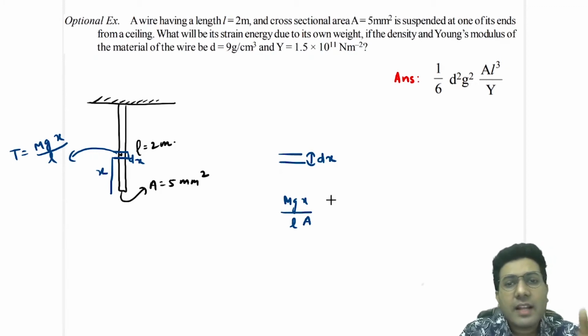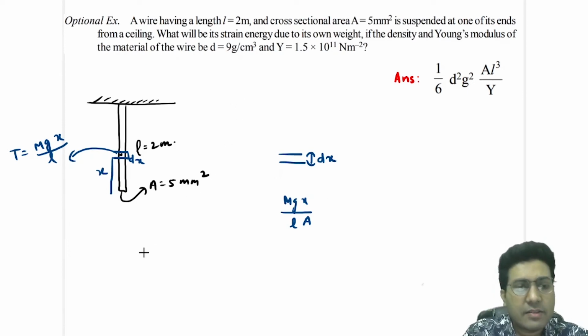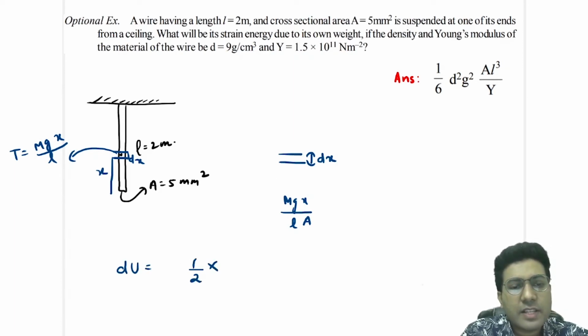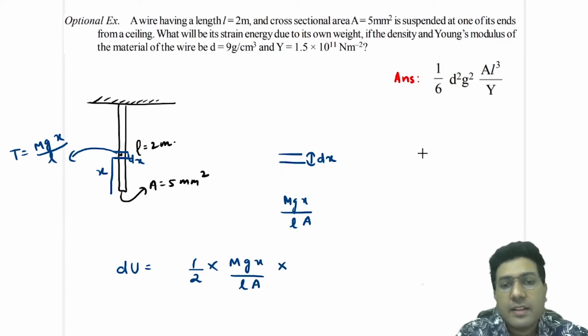But we are not asked the elongation this time. What we are asked is the strain energy. Now you know that strain energy dU is half into stress into strain into volume. So I'll write mgx by LA is stress into strain. Now you know that stress is equal to Y into strain, right?